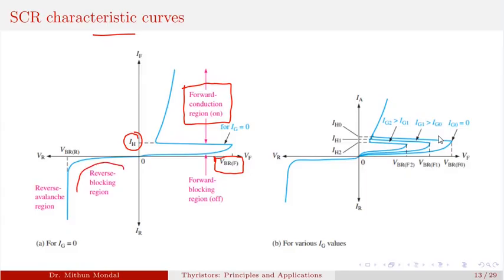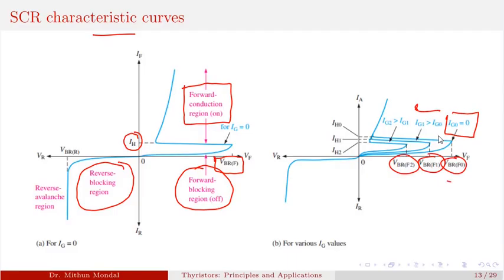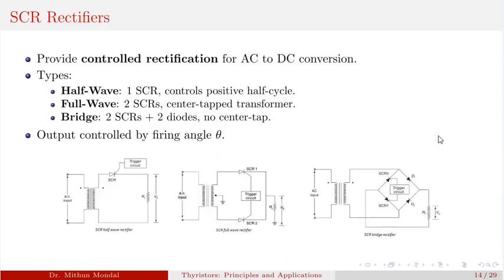In reverse bias, this is the reverse blocking region, and when the thyristor is not on, that is known as the forward blocking region. With the help of the gate signal, we can turn on the thyristor even with a lower breakover voltage. If you increase the gate current, the thyristor will turn on with a lower breakover voltage, and we can control the turning on of the thyristor with the help of the gate signal.